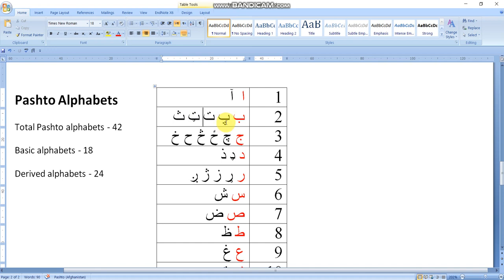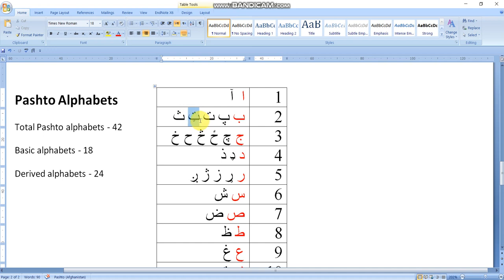There are 3 dots below the basic alphabet B. You can see when the 1 dot is converted into 3, that is called the P, and when 2 dots are put on the upper side, eliminating the dots on the lower side, it is called T.